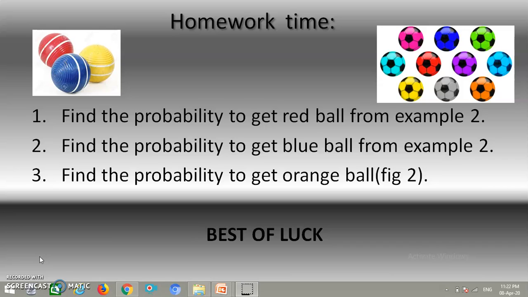First one is find the probability to get red ball from example 2. You can refer to the first image here. Second question is find the probability to get blue ball from example 2, and third question is find the probability to get orange ball. You should refer to figure 2 here. This is figure 2.